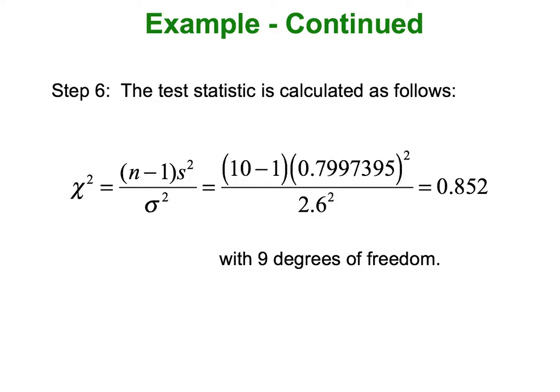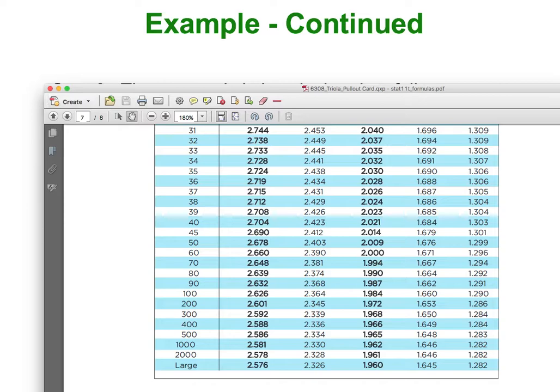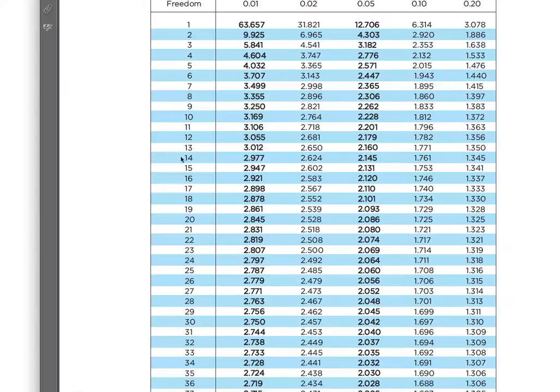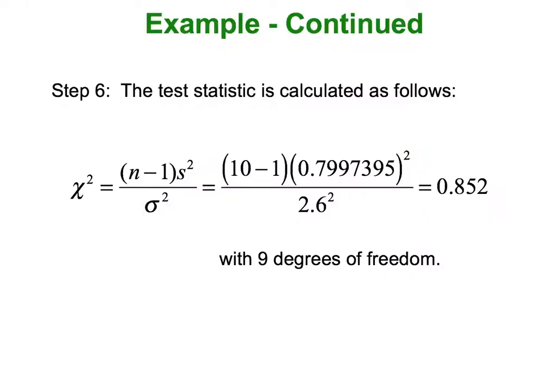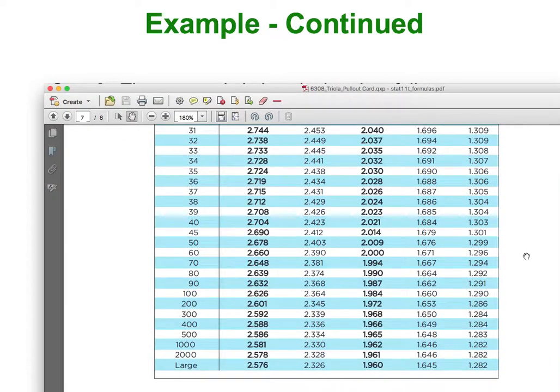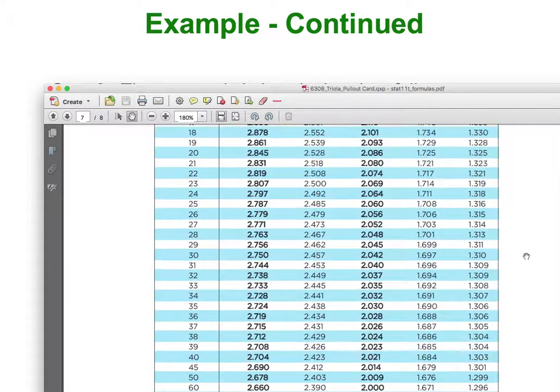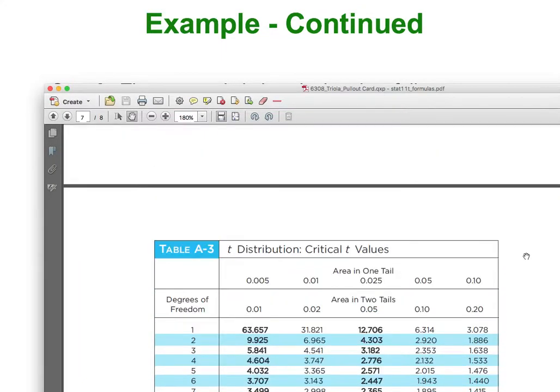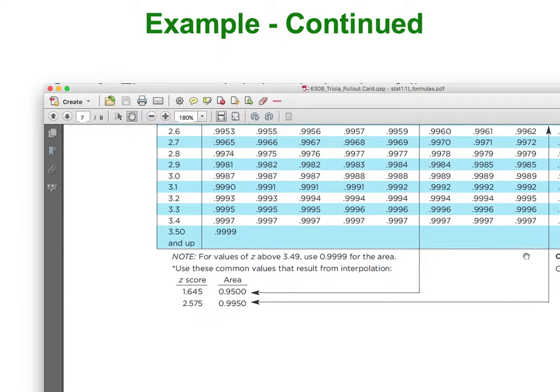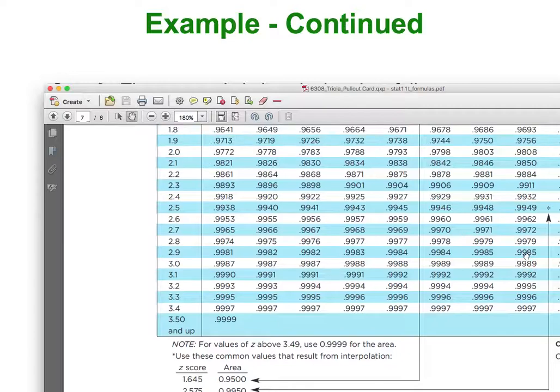Now, what is our critical value? Well, our critical value is found in the chi-square distribution, which I have right here. No, I don't. Sorry. Got it right here.